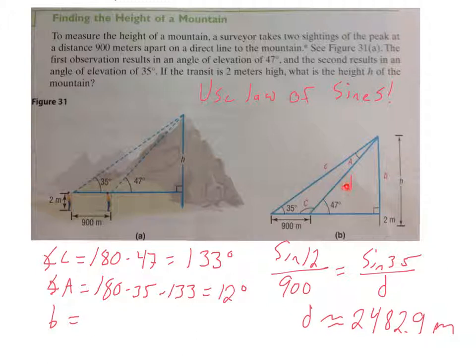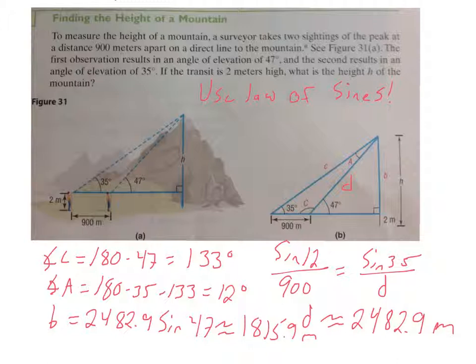So B will just equal D sine 47, in other words 2,482.9 times sine of 47, which is approximately 1,815.9 meters.